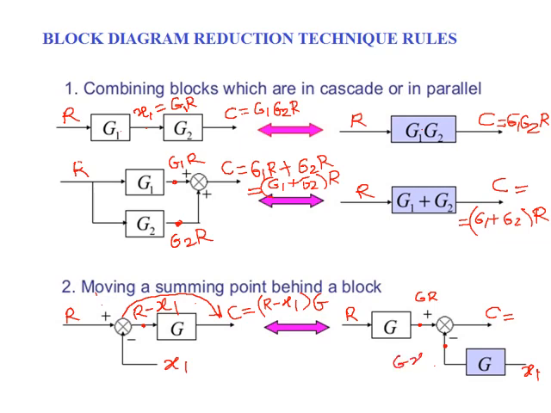Now C is equal to the addition of these two signals. G is common, so taking it common, G into R minus X1. Just check these two outputs: they are matching.